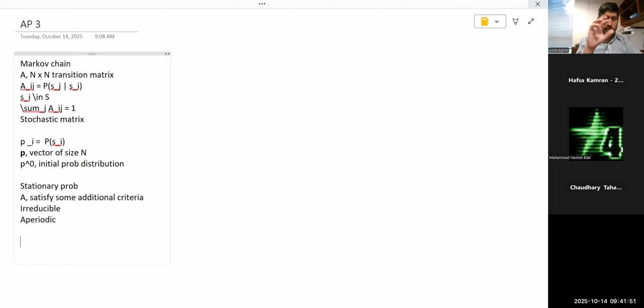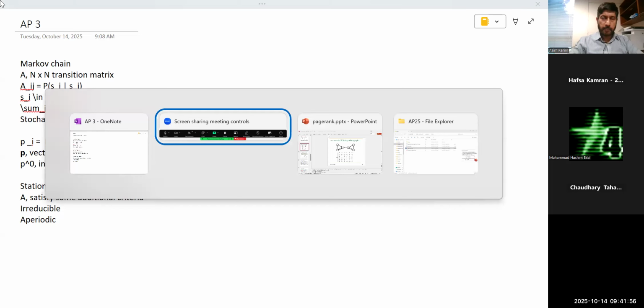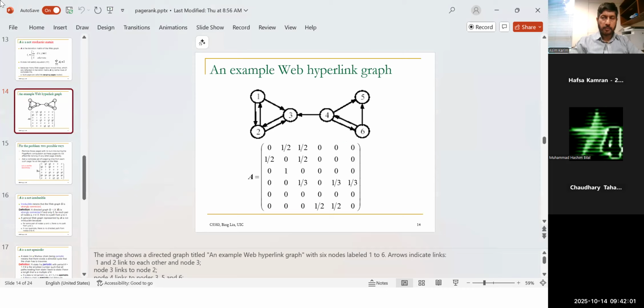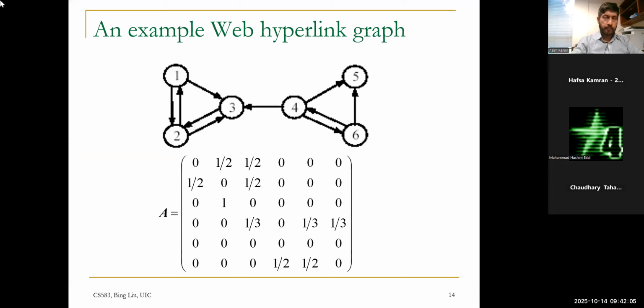Remember, any transition matrix A can be represented as a graph. We talked about it last time. So this is an example web graph. So this is a web graph for 6 web pages, and we discussed this last time.